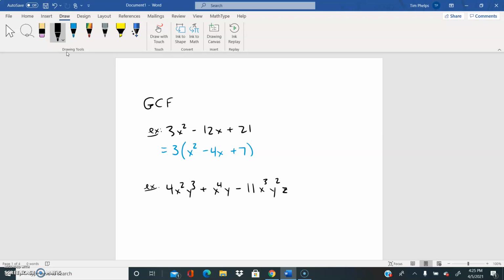Again, looking at what's common to all of the terms. Number-wise, there's 4, 1, and negative 11. So there's no number I'm going to take out in this case.